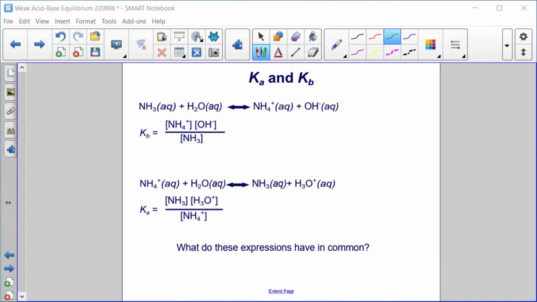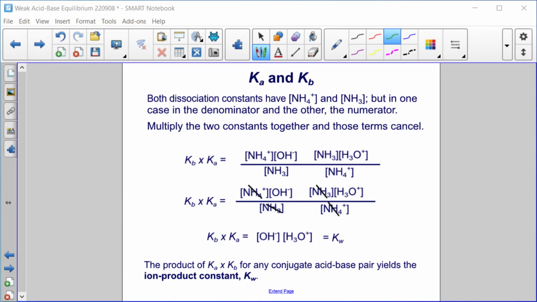What do these expressions, Ka and Kb, have in common? Both dissociation constants have NH4 plus and NH3, but in one case in the denominator and in the other the numerator. Multiply the two constants together, Kb times Ka, and those terms cancel out. So the NH4 plus cancels, and so does the NH3.